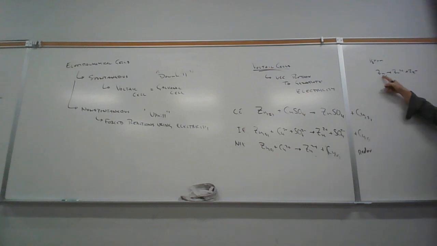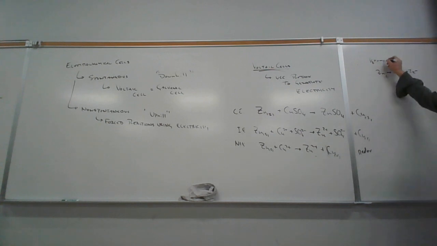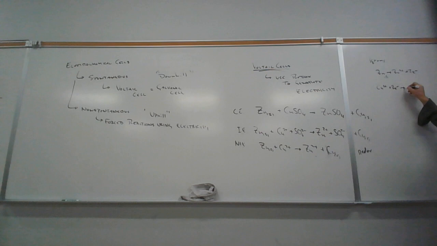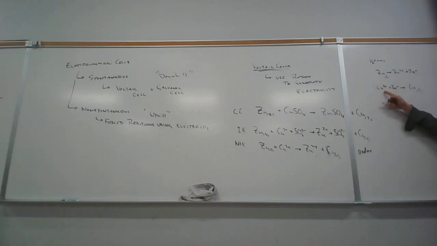And so the zinc atom lost 2 electrons here and is going to zinc 2 plus. The other half reaction would be copper 2 plus then gaining those 2 electrons to form copper metal. So in other words, 2 electrons were transferred from the zinc to the copper ion in this redox.